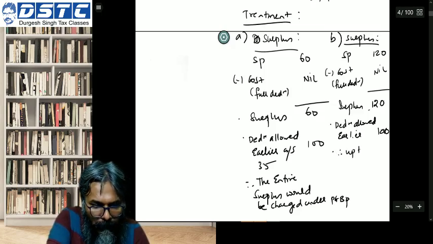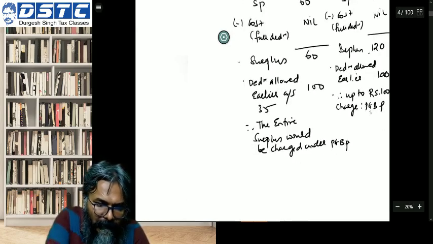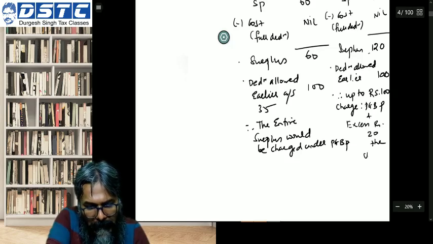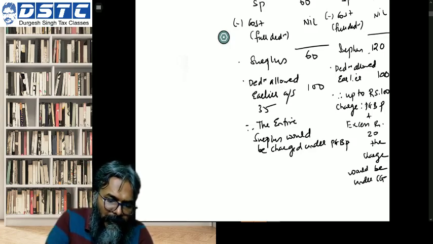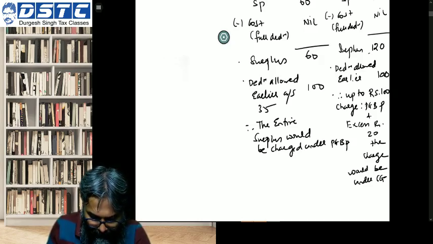Therefore, up to rupees 100, the charge would be under PGBP, and the excess rupees 20 would be charged under capital gains. Ben, yes Ben, perfect.